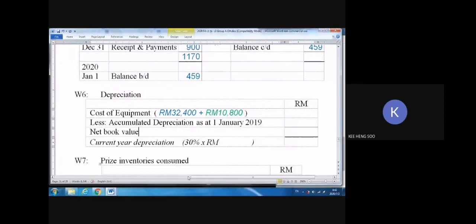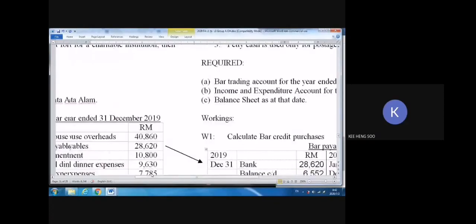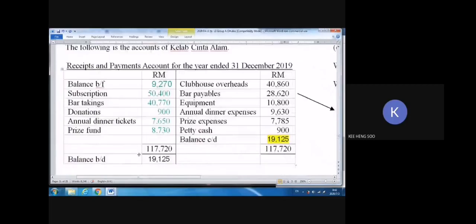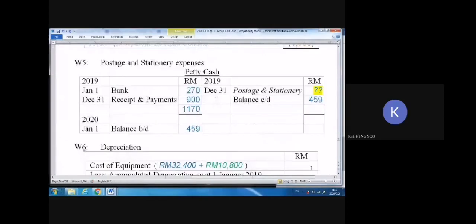The new one is in the bank account. You buy new equipment. Can you go to page number 20? You buy new equipment 10,800.